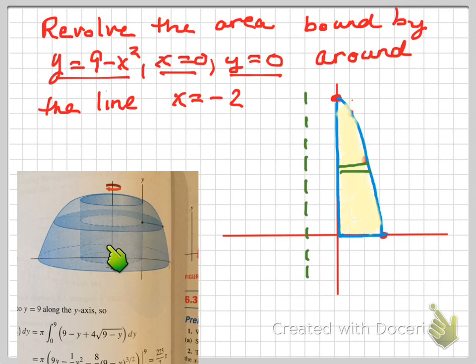Now it looks like no matter how far up or down I go, the inner radius is always going to be a distance of 2, because this is just a straight line. And so that would always be a 2. My outer radius is going to be the distance from here to here, so that would be 2 plus whatever this length is here. I'm going to draw that in a little bit straighter.